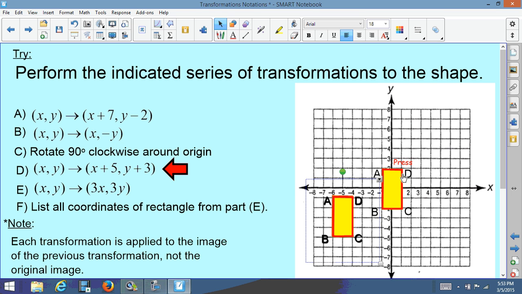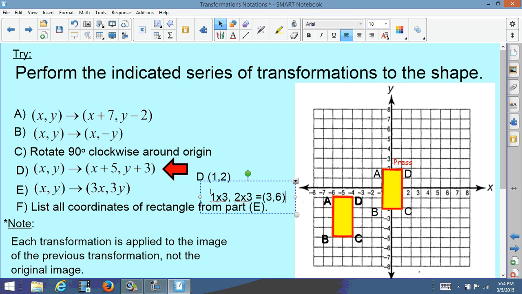This is 1, 2. So D equals 1, 2. Now I've got to multiply that by 3. So I'm going to take 1 times 3 and 2 times 3, and that'll give me my new coordinate. 1 times 3 is 3, and 3 times 2 is 6.